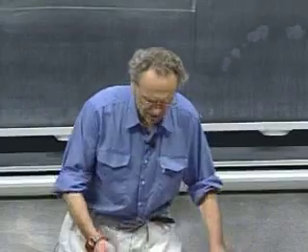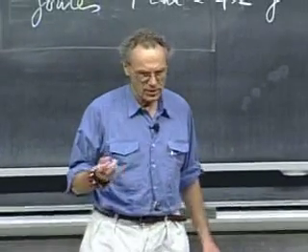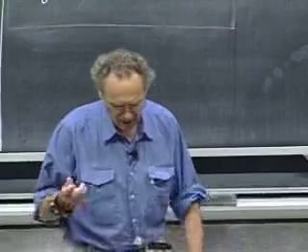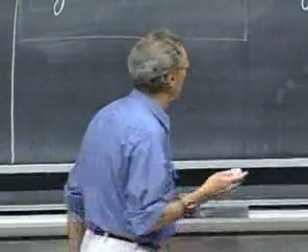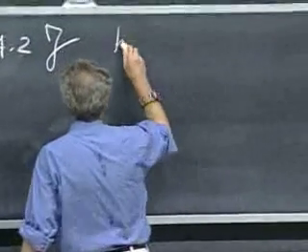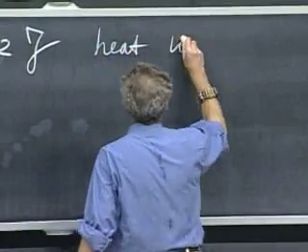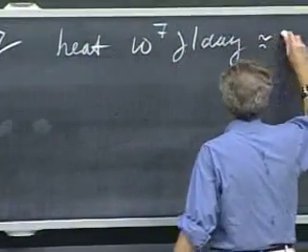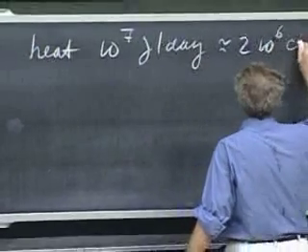It means that it is in one day about 10 to the 7 joules that you generate. 10 to the 7 joules per day, that is what you generate in terms of heat. And that is about 2 million calories per day.